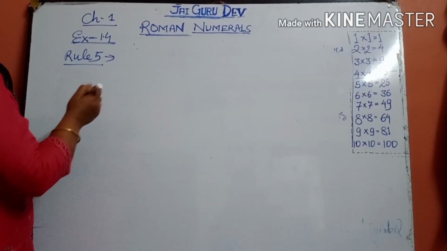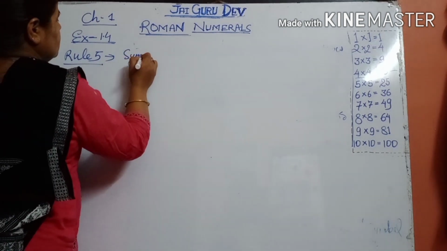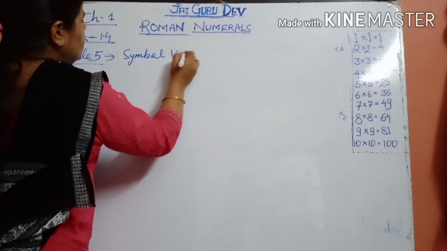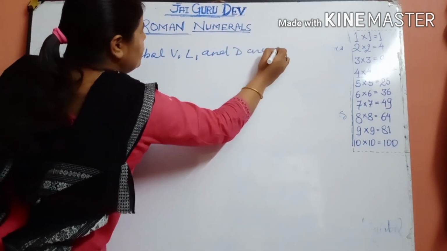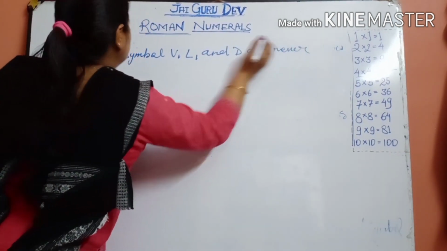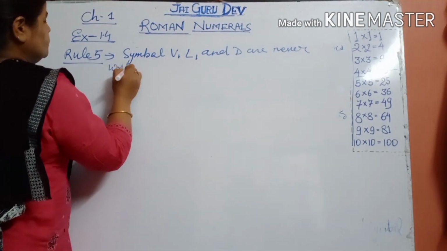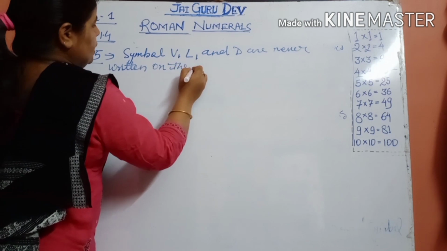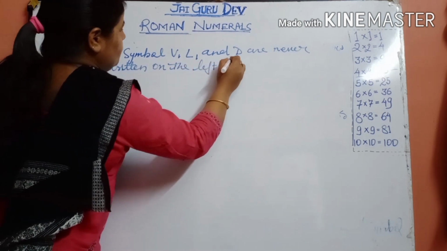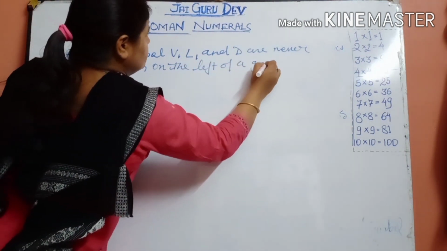Now the last rule is: the symbols V, L and D are never written on the left of a greater value.